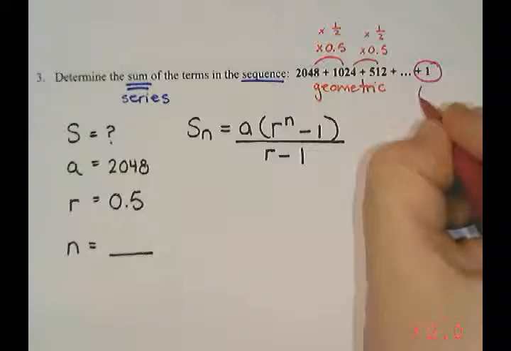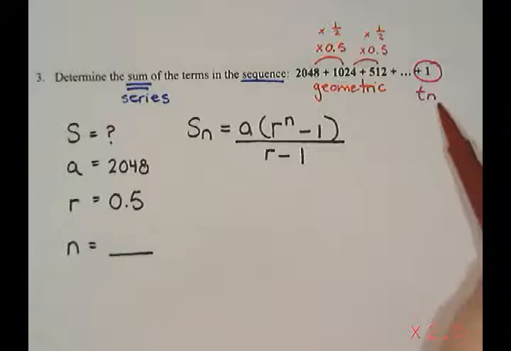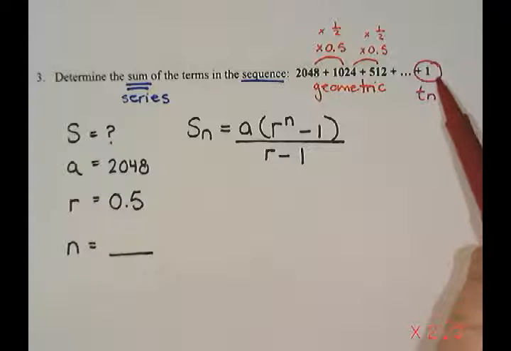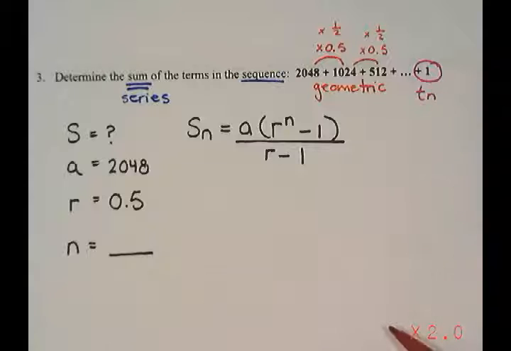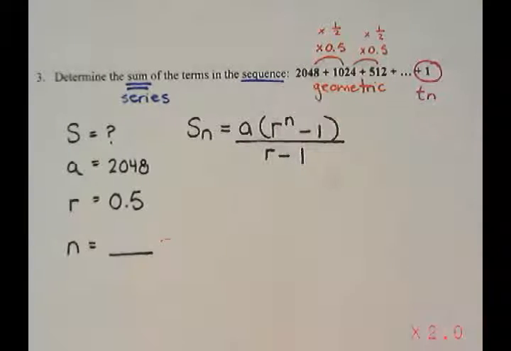The last term is always Tn. So what I can do is use my geometric sequence formula to figure out which term that term is, and then that'll tell me how many numbers there are, and then I can use that to help me figure out this. So this is actually a 2 calculation kind of question.